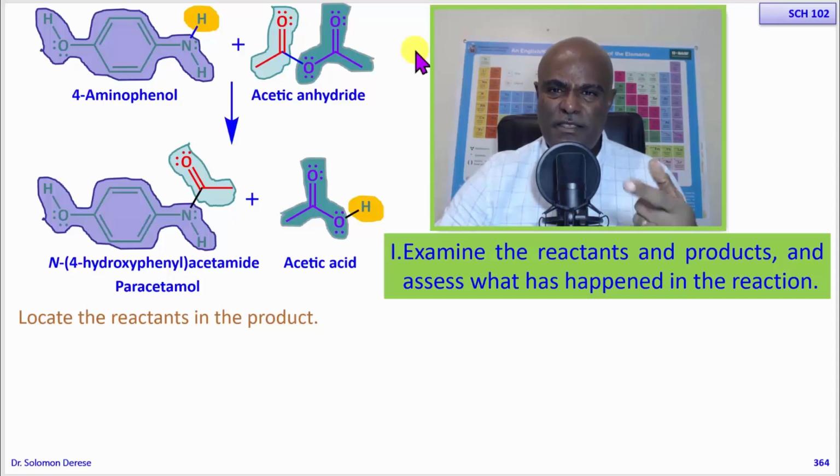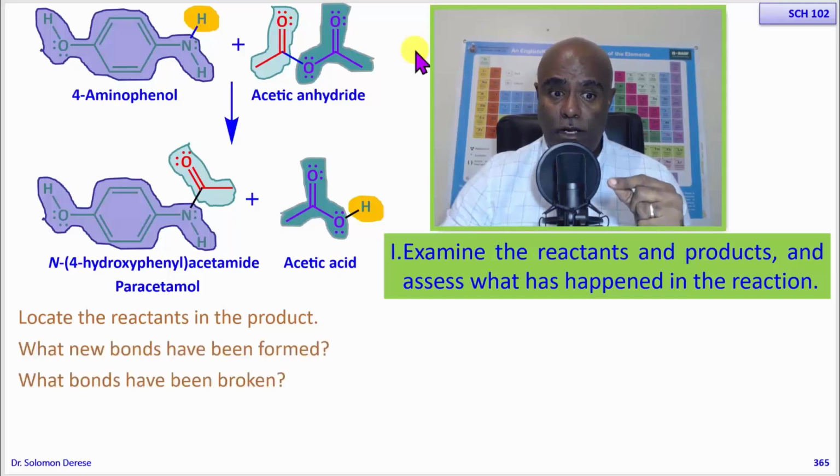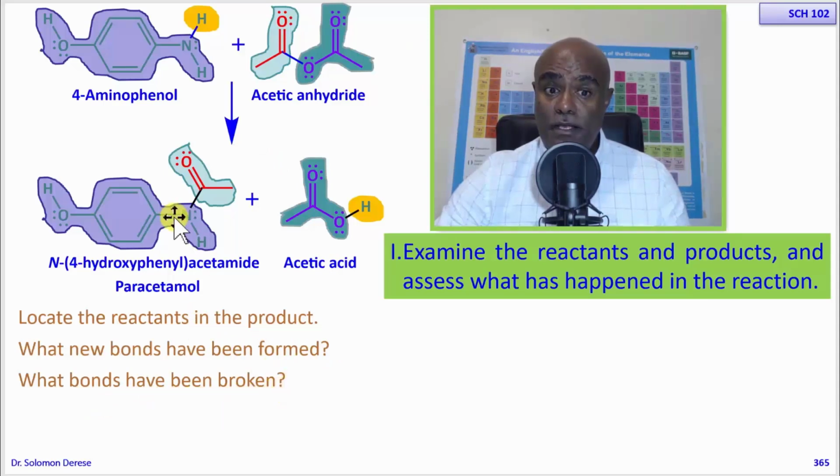After you have done this, the next thing we want to know is the new bonds that are formed and the old bonds that are broken. What are the new bonds that have been formed and what bonds have been broken? You can easily tell this from the trace. So here, this is from this one and this is from this.